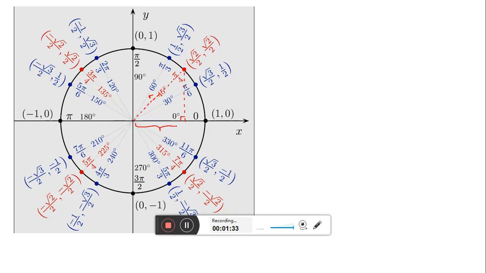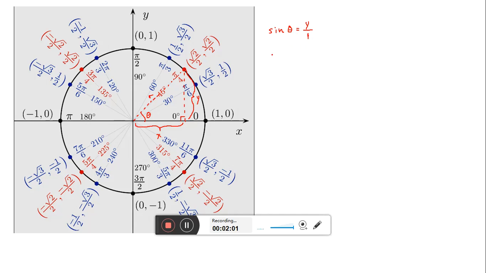This side represents the x-coordinate, and this side represents the y-coordinate. Sine of theta, using triangle trig, was the opposite side, which was y, over the hypotenuse, which is 1 in this case. So sine of theta actually equals y.